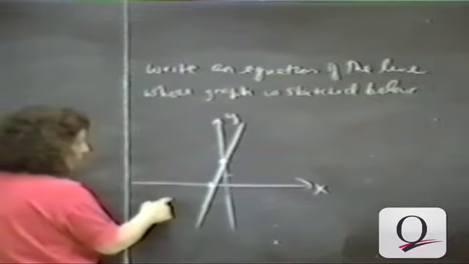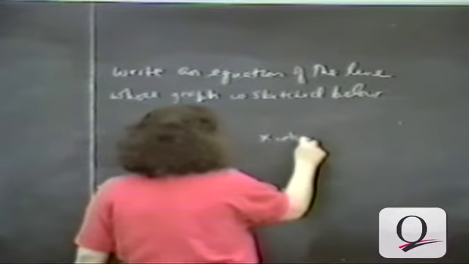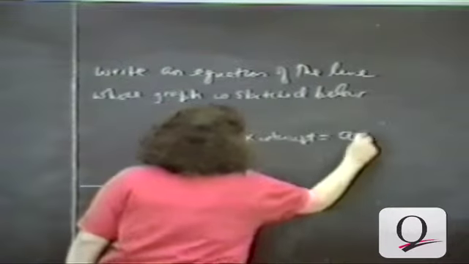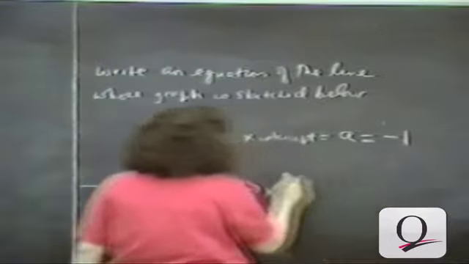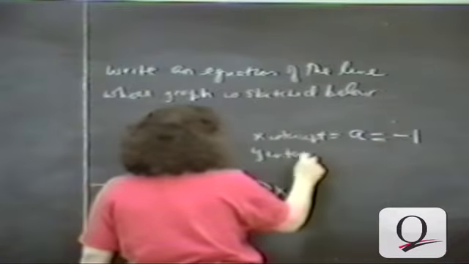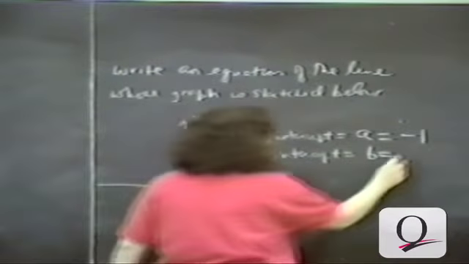The x-intercept in this problem, or A, is equal to minus 1. The y-intercept, or B, is equal to plus 2.